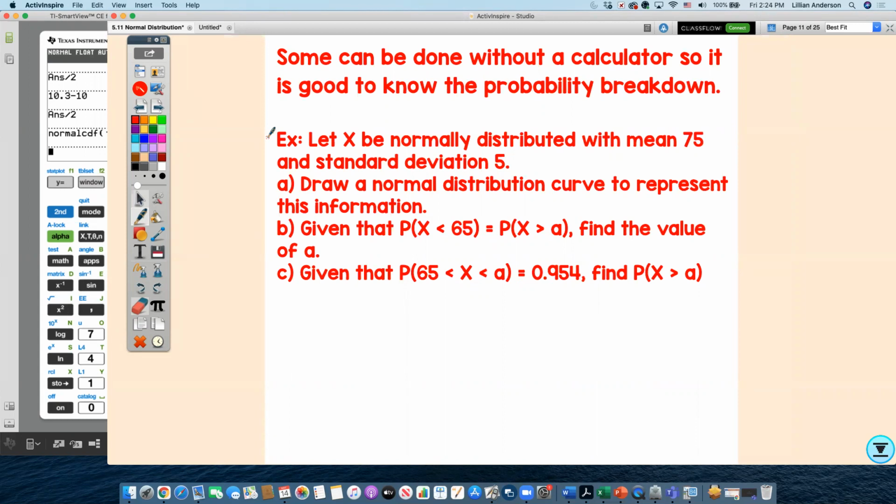Like this one. It says let X be normally distributed with a mean of 75 and a standard deviation of 5. Draw your normal distribution curve to represent this information. Well, I need an X-axis and I need a normal distribution curve. You try to draw the smoothest curve you can. You want to make sure that it's asymptotic to the axis that you draw.